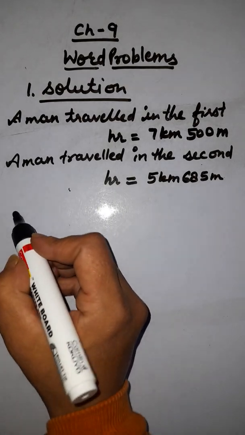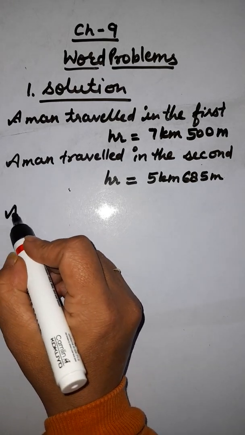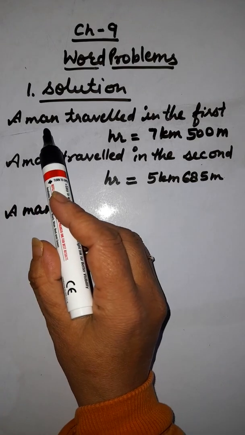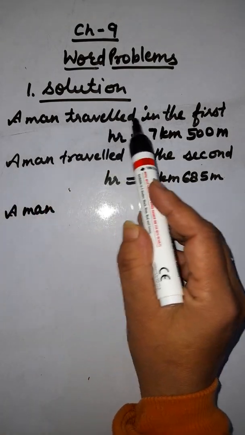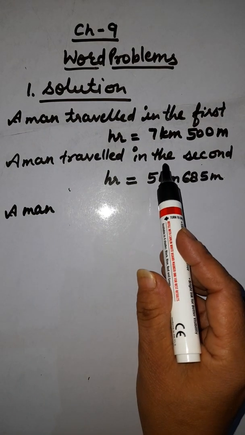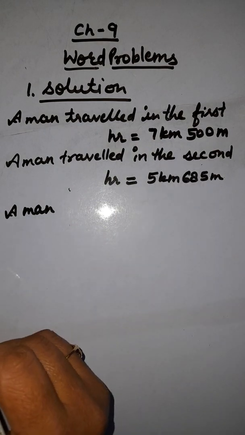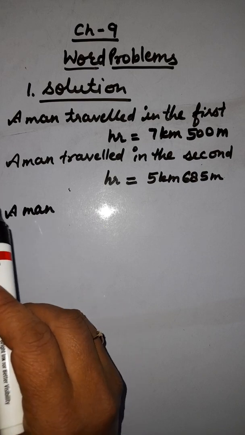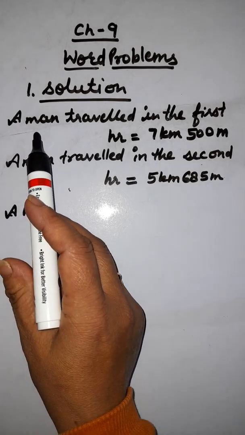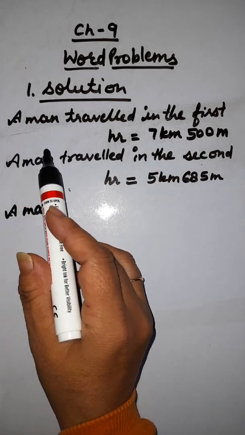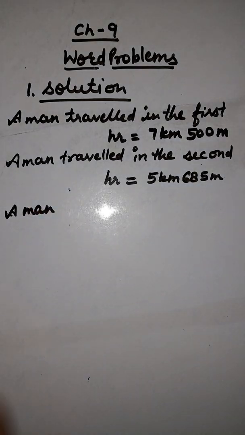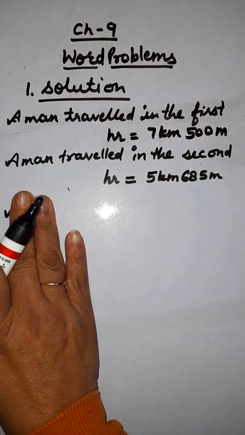And the third statement will write same above, a man, or you can write here he. First statement you have written here, a man traveled in the first hour is equal to 7 kilometer and 500 meter. Second statement you can write he traveled, because we have written here a man, so we will use he instead of writing a man. So in third line we can write he.